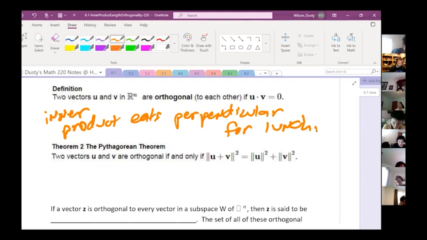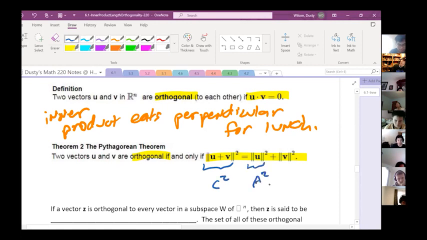Two vectors u and v are orthogonal if and only if the Pythagorean theorem holds. So this is kind of interesting. They're orthogonal if their dot product is 0. They're also orthogonal if and only if the Pythagorean theorem holds. And just in case you're missing it, this is like your hypotenuse.